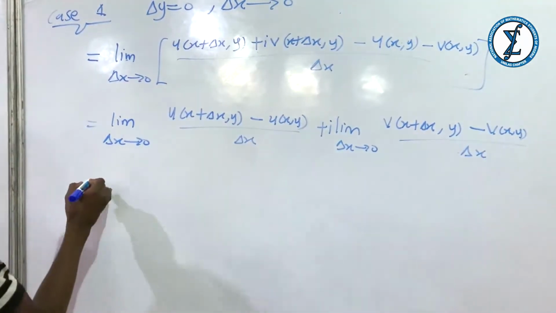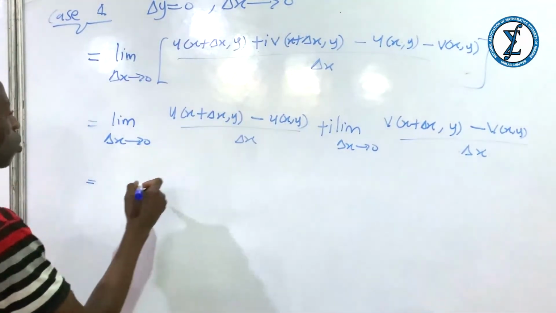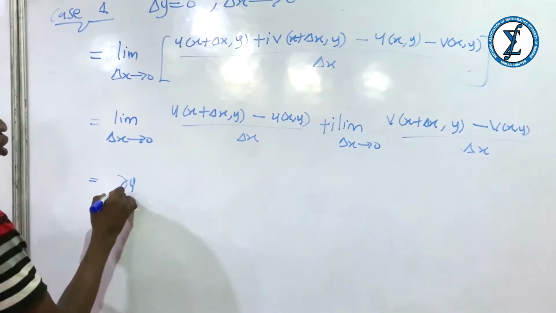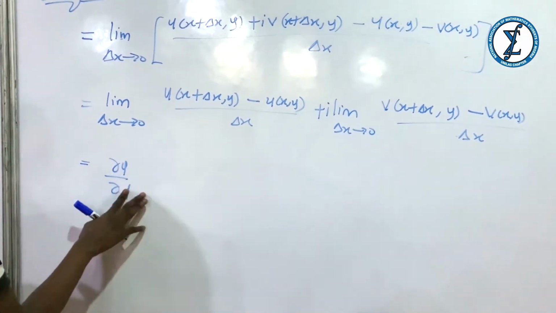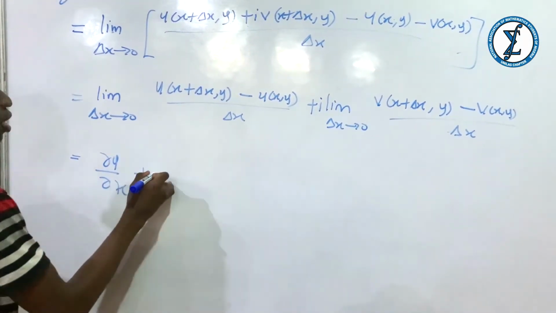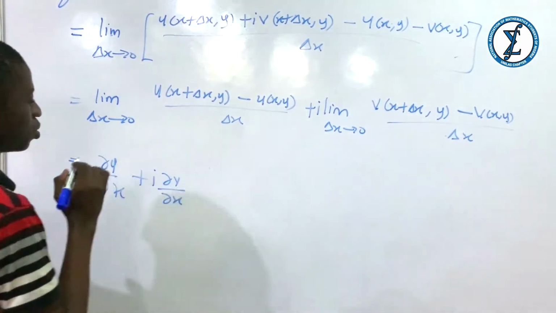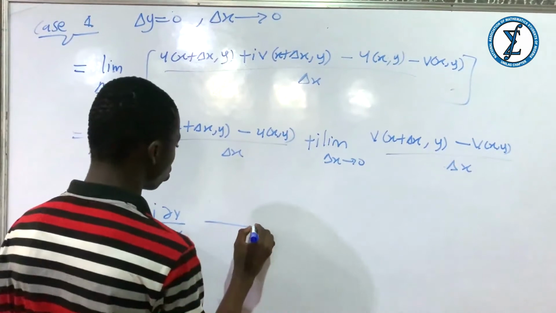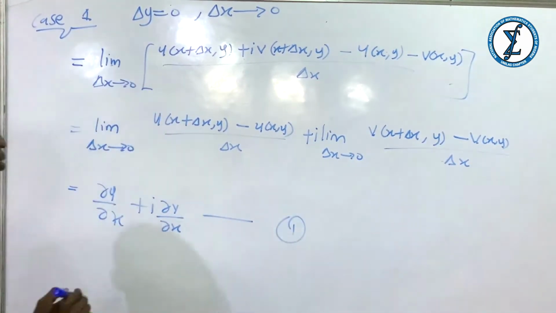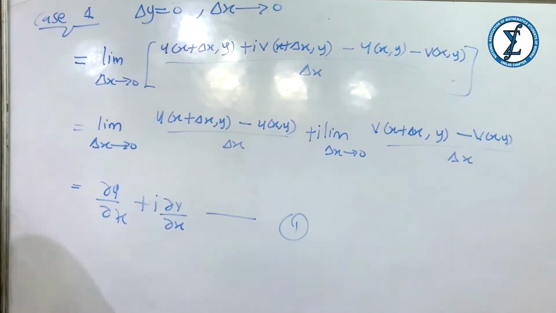So clearly this becomes the partial derivative of U with respect to x plus i times the partial derivative of V with respect to x. We name this equation 1.